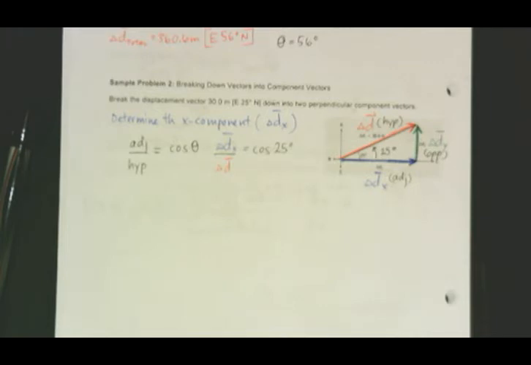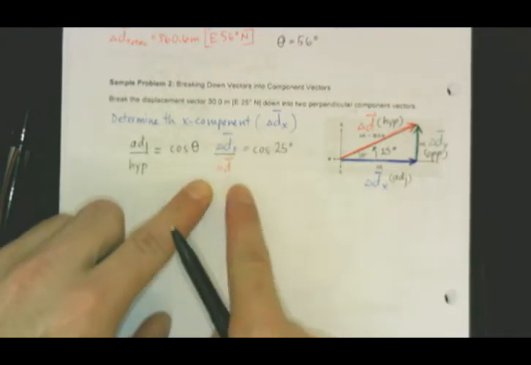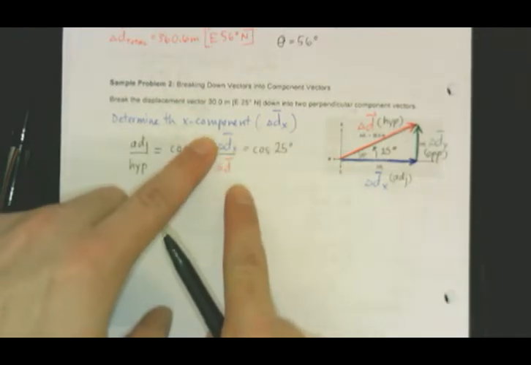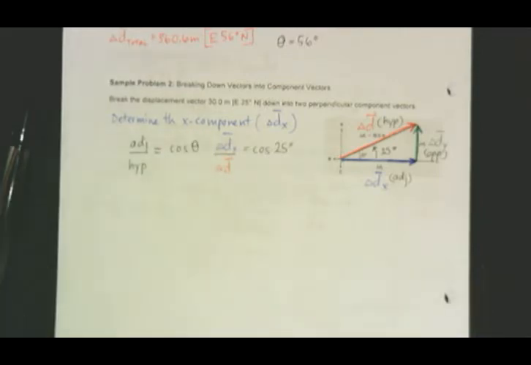The whole purpose of this was actually to solve for the x component, delta dx. How can I rearrange this statement to find just delta dx? What can I do to this delta d, Matt? Move delta D over and multiply by cos 25.